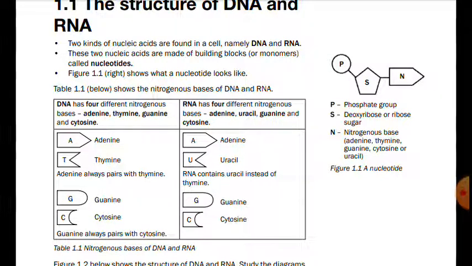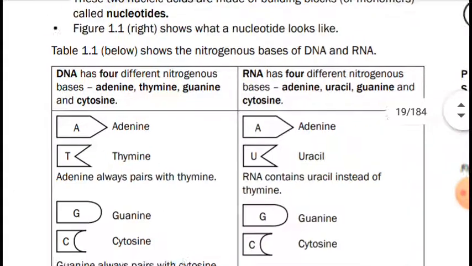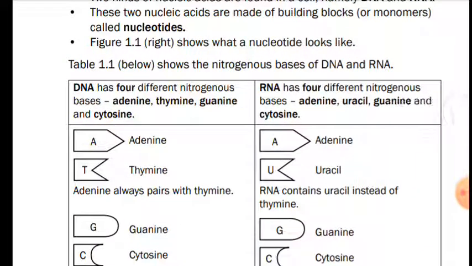So let's continue looking here, guys. As you can see from the start there, it says adenine is with thymine. It is written down there that adenine always pairs with thymine. Nothing will change on a DNA. Nothing will ever change.